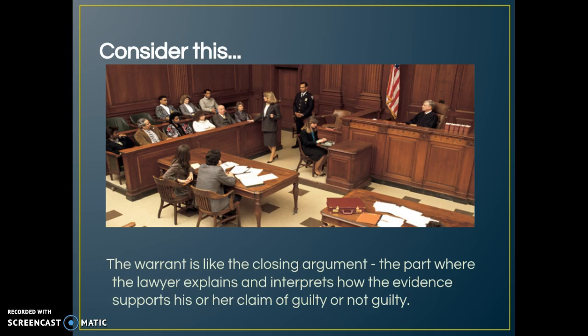But the most important part is she is going to have to explain to the jury how that evidence proves her point, because fingerprints could be used to justify both sides. So it is very, very important that the lawyer explains how the evidence she presented proves her point. So in that case, the warrant is like the closing argument, the part where the lawyer explains and interprets how the evidence supports his or her claim of guilty or not guilty.